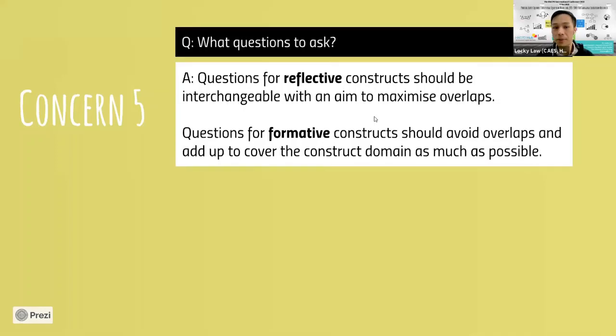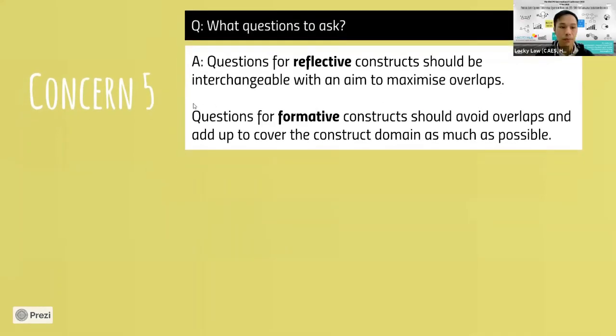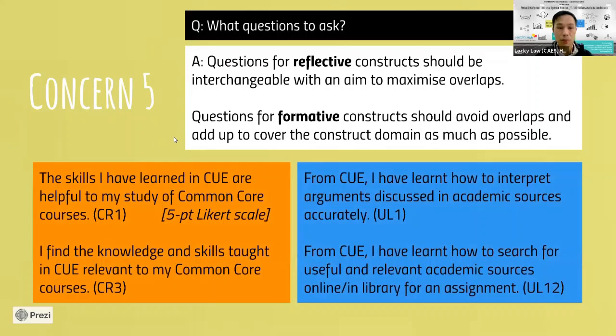So if you look at 2 boxes here, one orange and one blue, can you see which one would be reflective and which one would be formative? The orange box: the skills I have learned in CUE are helpful to my study of Common Core courses.